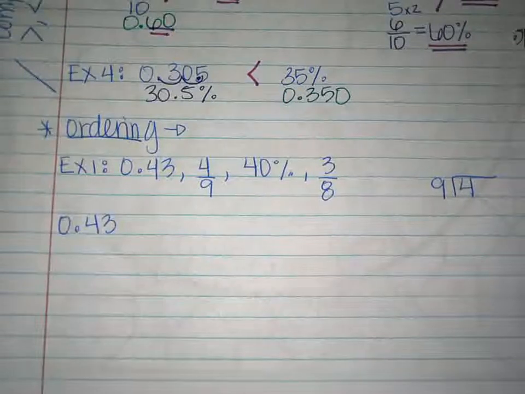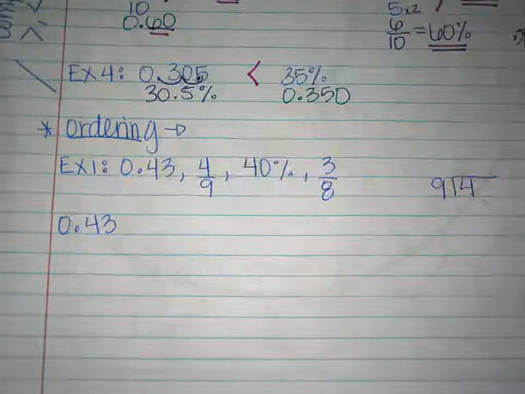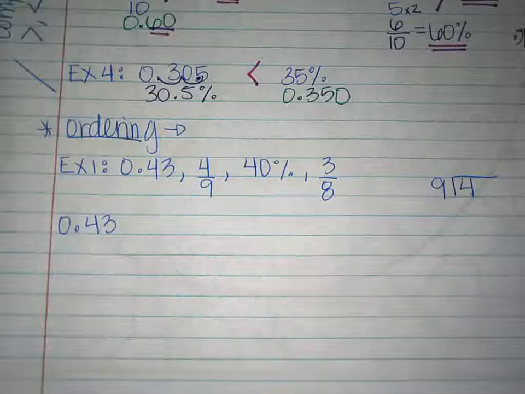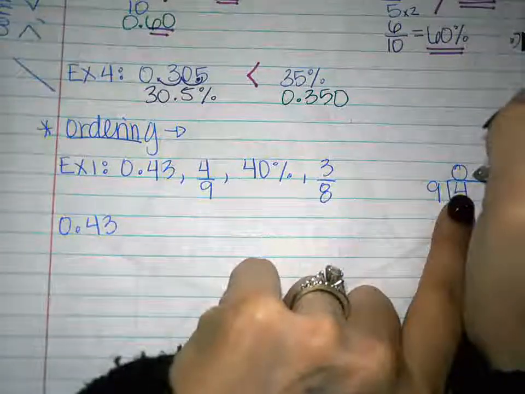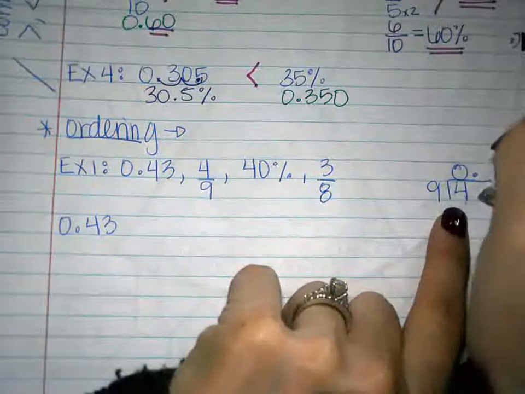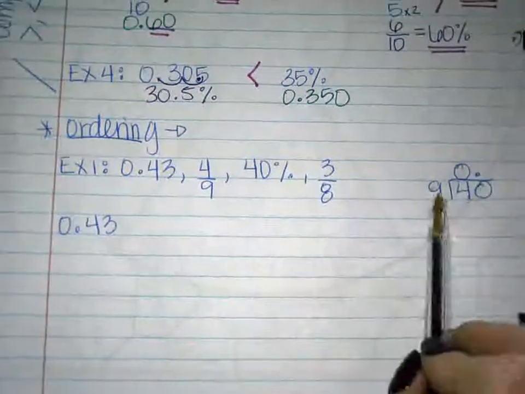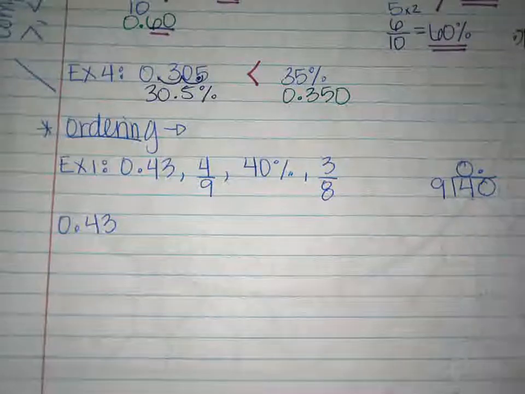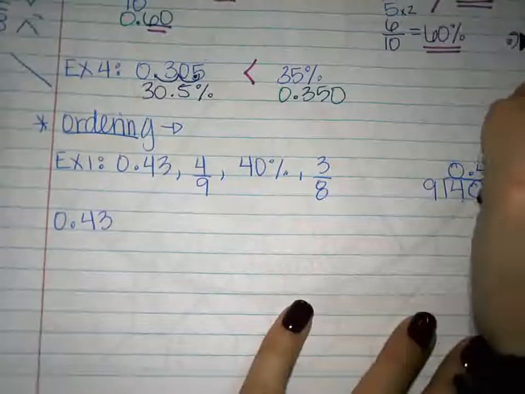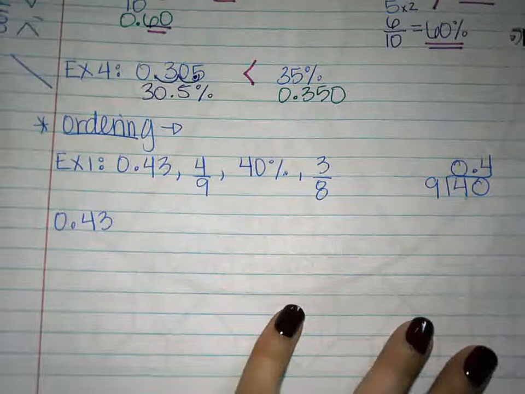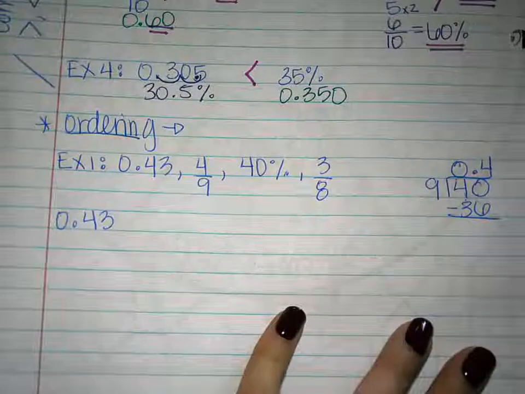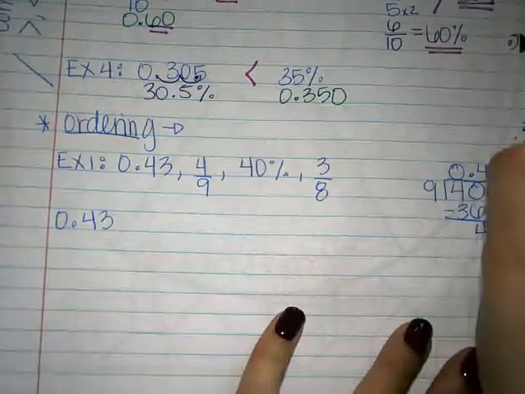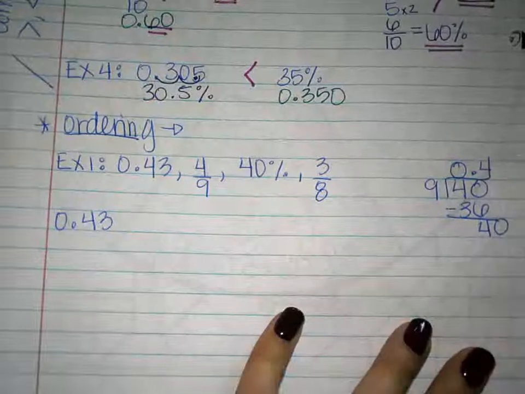How many times can 9 go into 4? No. So what do I put up top? And what do I add after the 4? 9 goes into 40 how many times? 4. 9 times 4 is? 40 minus 36 is? What do I add? 0.